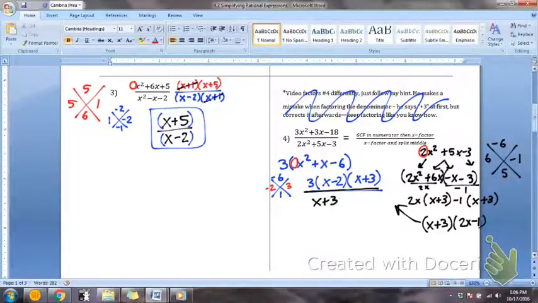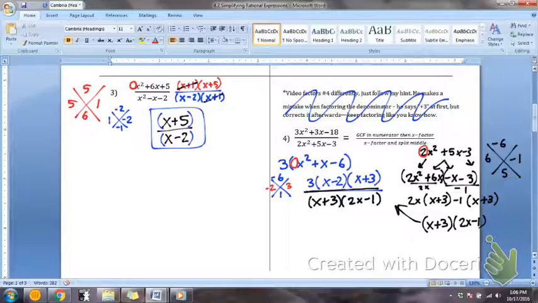X plus 3 times 2x minus 1. Those of you whose organization is not your strength, or your handwriting is not your strength, you need to be very careful as you're doing this to keep yourself organized, okay?